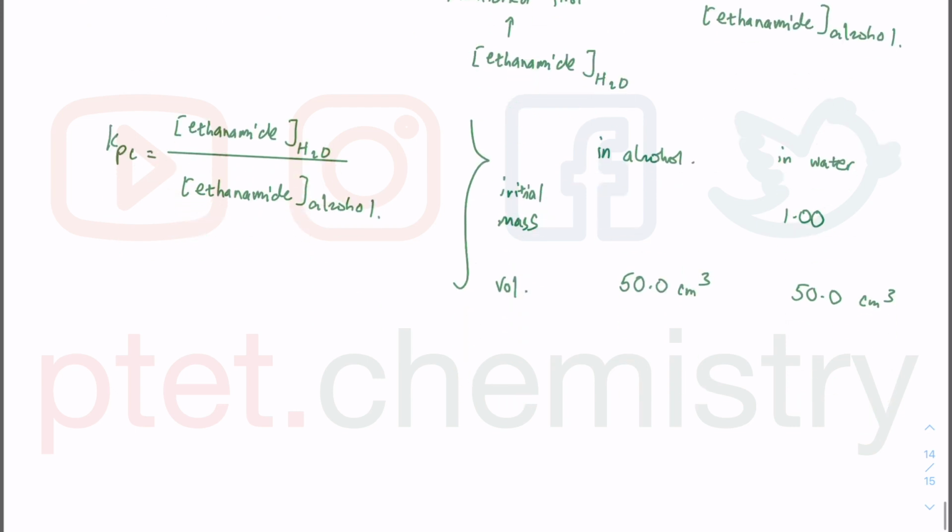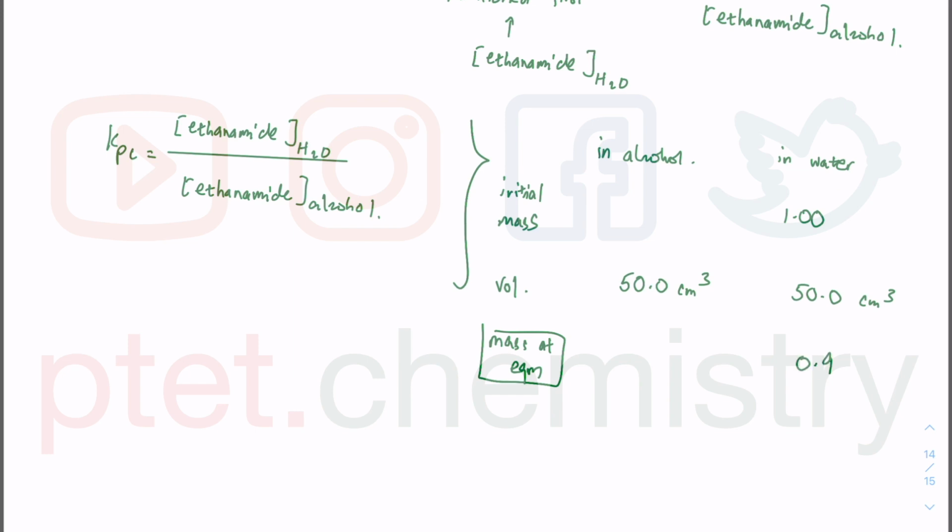But it is the mass at equilibrium that is very important. The mass at equilibrium is going to tell you the concentration of the ethanamide at equilibrium. For that 1 mark, it's a really straightforward question. They say the water layer, the aqueous layer, contains 0.935 gram.